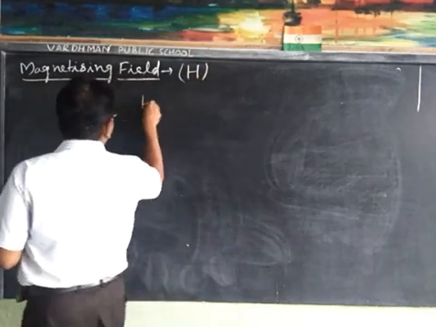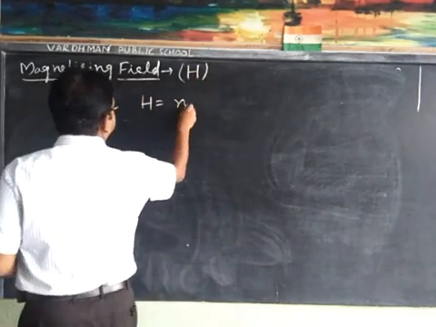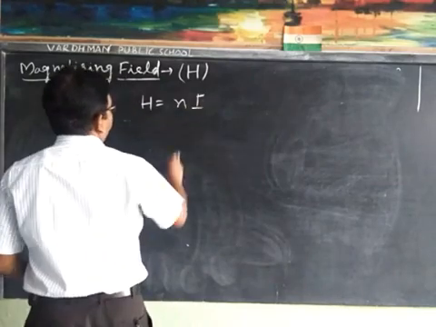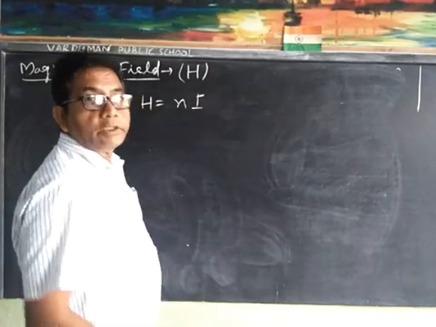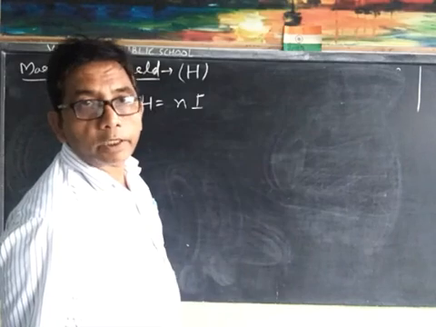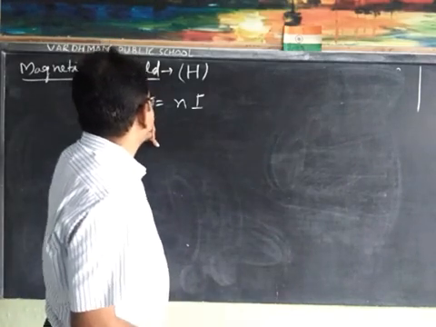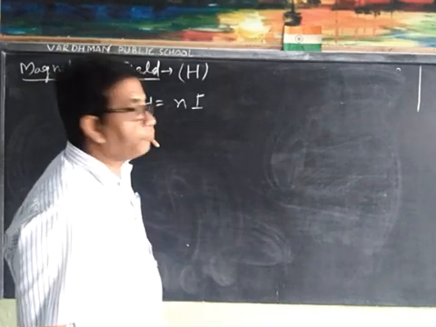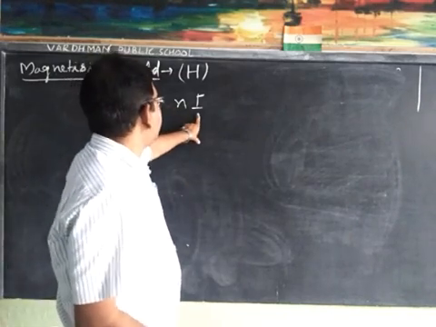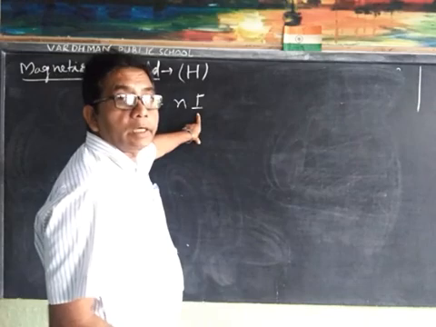H is equal to nI, where small n is the number of turns per unit length, H is the magnetizing field, and I is the current.